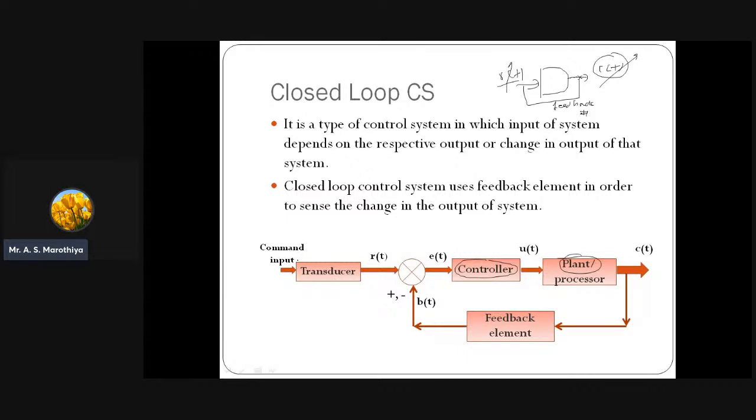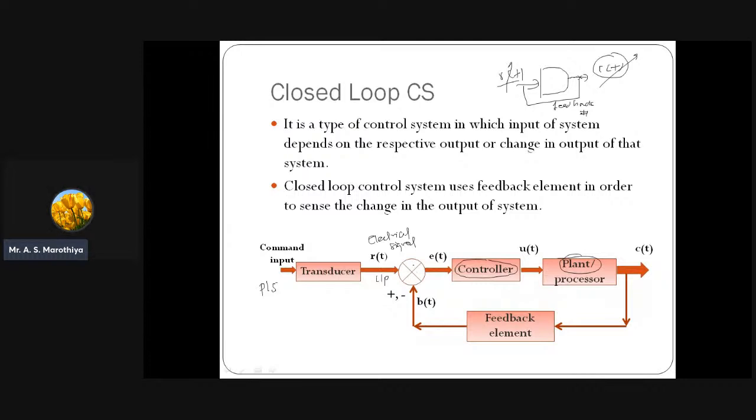So here we have some command input, maybe in the form of temperature, distance, or any physical signal, which is converted into an electrical signal with the help of a transducer. So this R of t acts as the main input to the system.